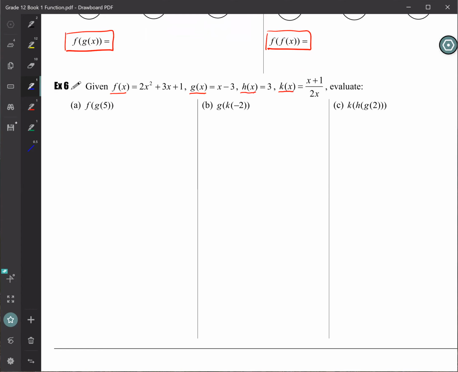Any trouble there? Tiana, Samantha, Catherine? Doing okay? Remember to raise your hand if you finished.